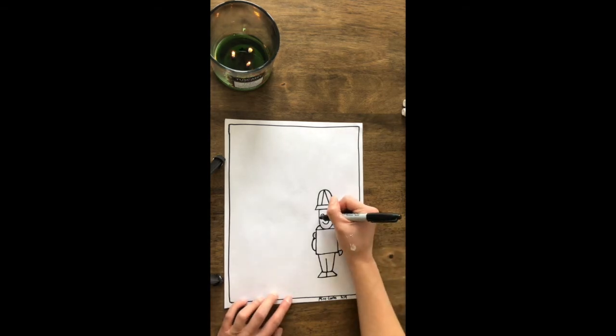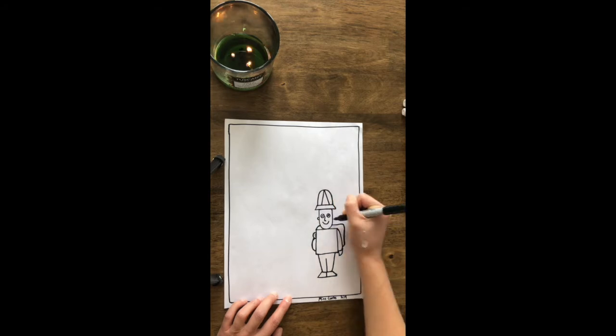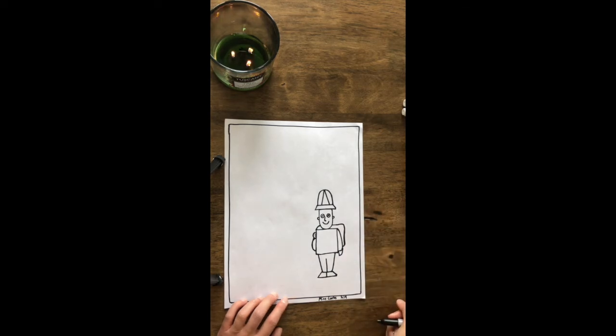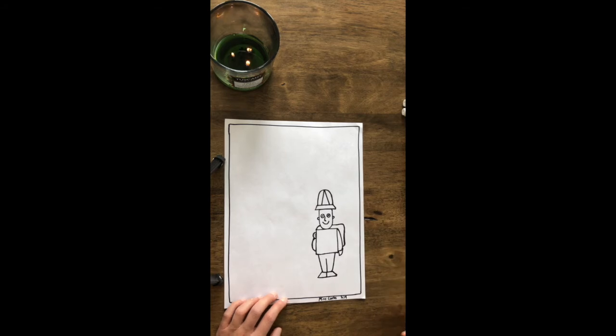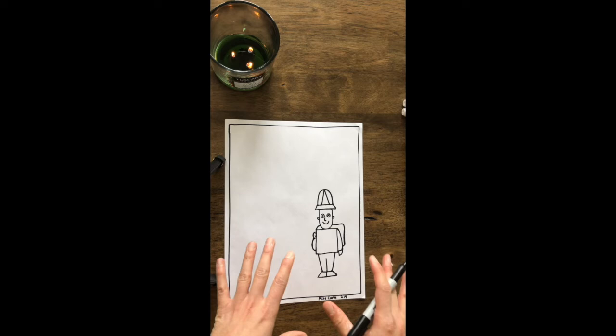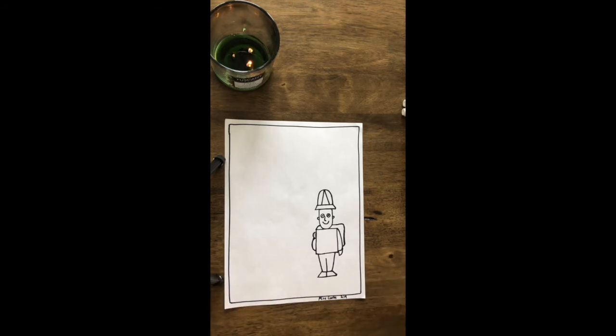The next step is to add some ears. So the ears sit right below the eyes on both sides, symmetrical on both sides, and those are just a little curve arch coming out from the side of the head. Now, I'm going to draw my hair. You can draw whatever hairstyle that you want for your character.